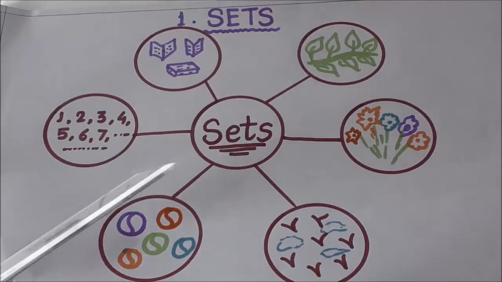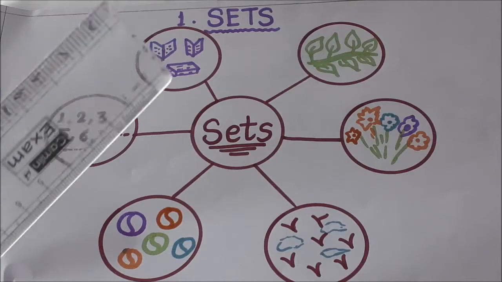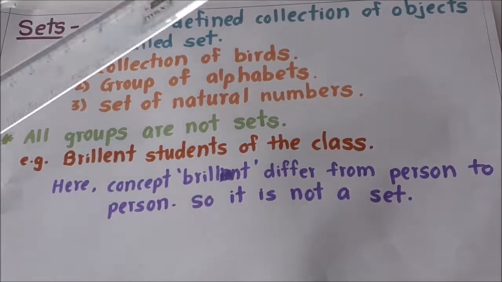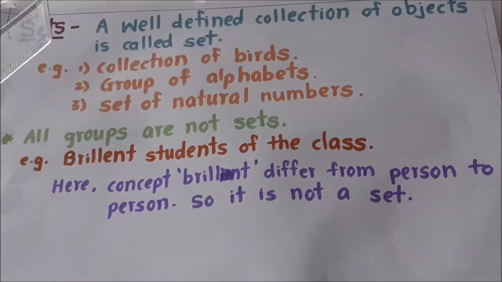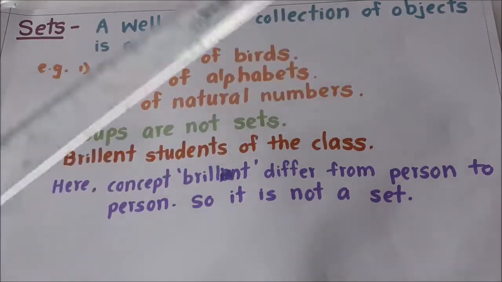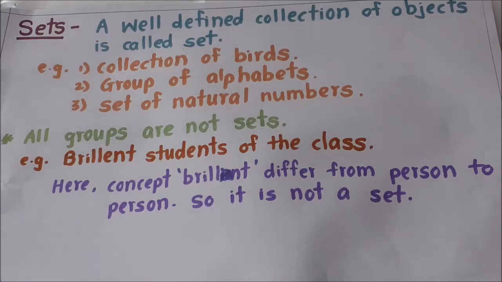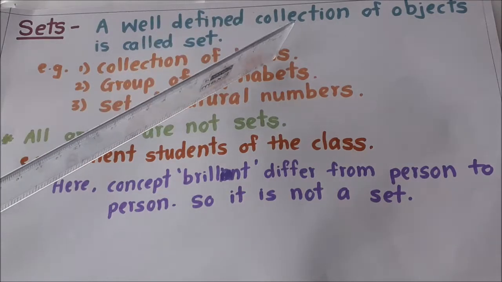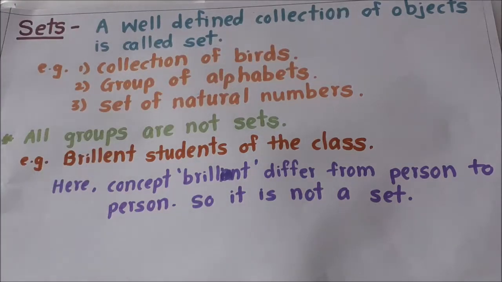Hence we can define it as follows. Definition of sets: a well-defined collection of objects is called a set. For example, a collection of birds, a group of alphabets, the set of natural numbers, etc. Here we can easily define which kind of birds are there, so this collection of birds we can say is a set.